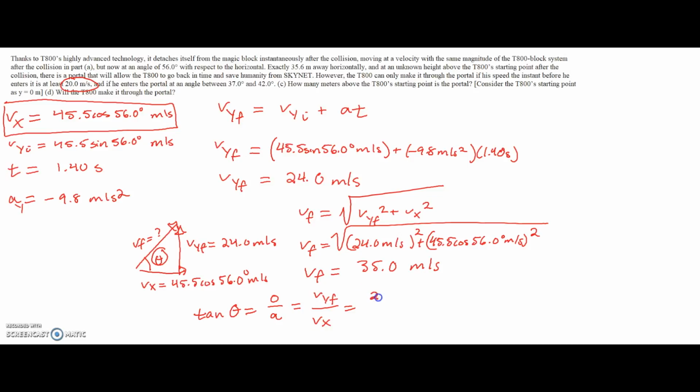So we plug this in again, and using inverse tangent, we figure out what theta is equal to. Let's use our calculator here.